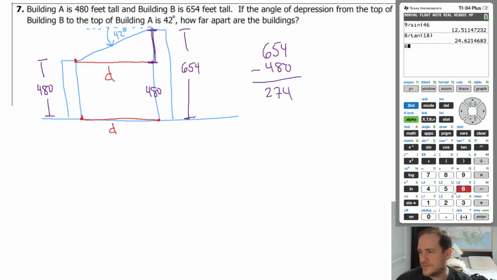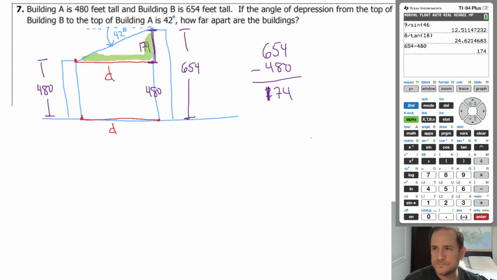So 654 minus 480. 174. How did I get that wrong? All right, I'm glad I double checked. It's 174. So that means I can now do this problem because I just keep my eyes focused on just this green triangle.